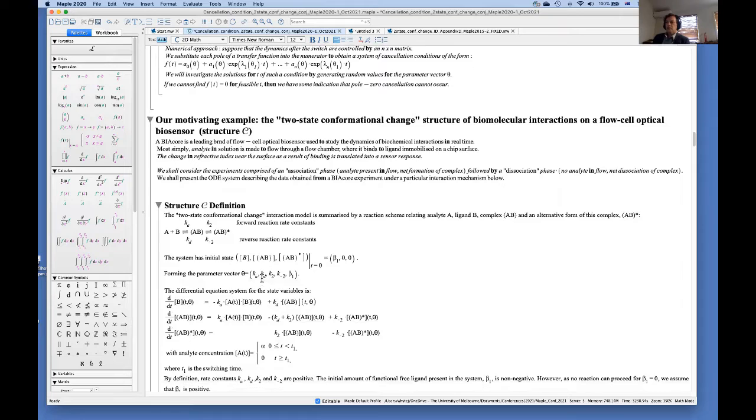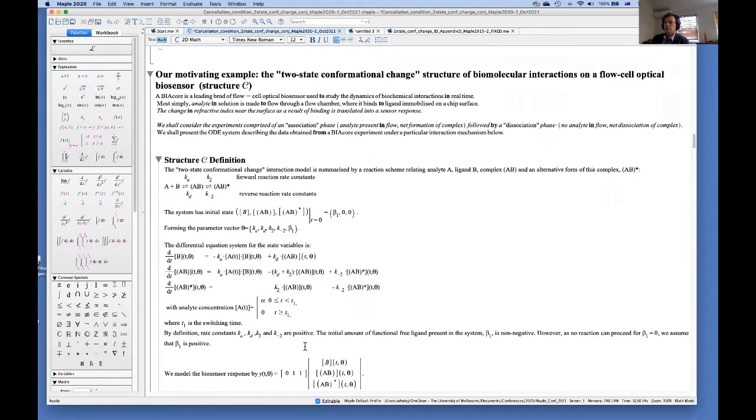I won't go too much into the application, but this was the sort of non-trivial case that I came across, where we have different chemical species interacting. This one is present in a flow. This one is bound to a chip. This binds to this to make a complex. Then there's a conformational change of shape, which produces a different form of complex, and there are transitions between these states.